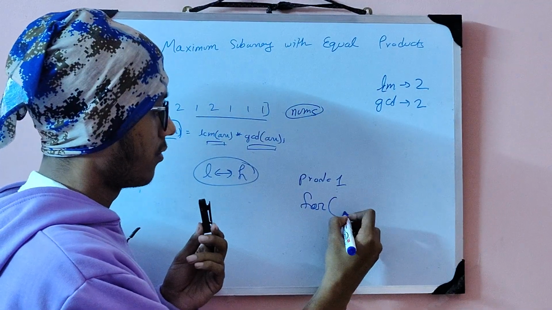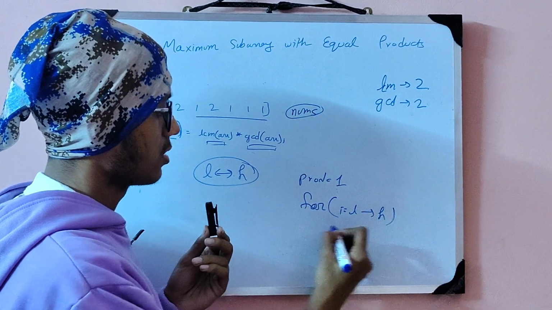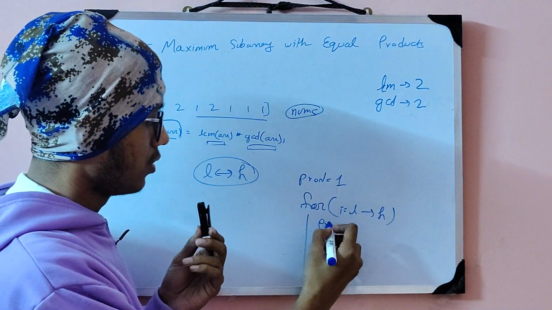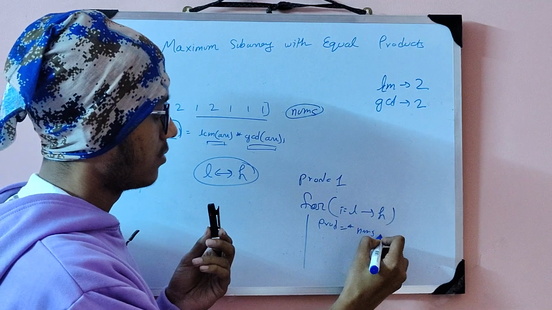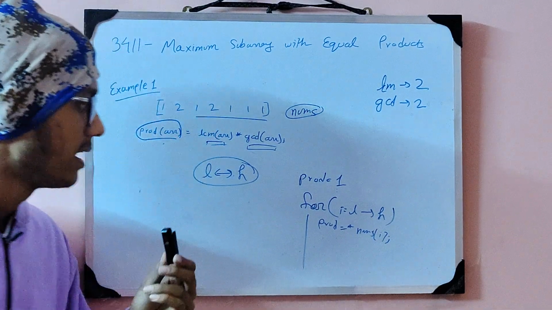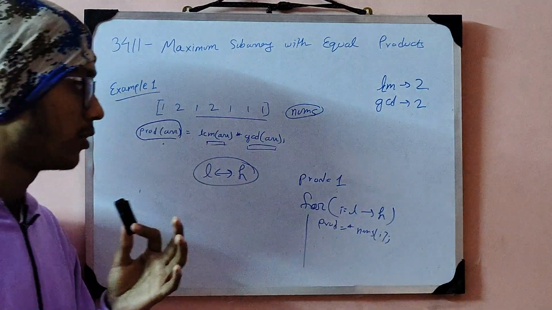So for i equals L to H, product will be multiplied by nums of i. Like this way you can easily find the product.